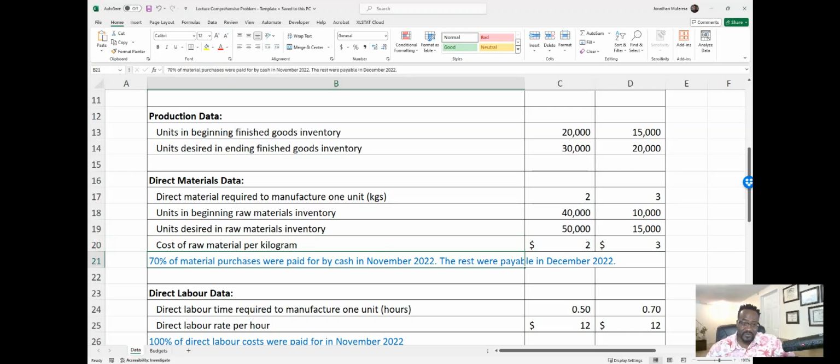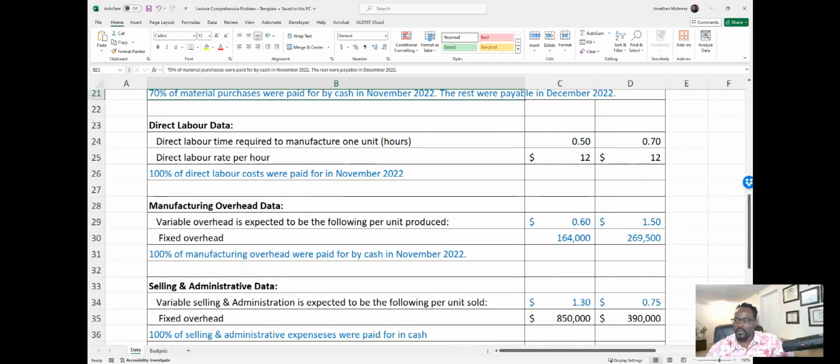70% will be paid in the month of November, and the rest, the 30%, will be paid in the month of December. We also have information on direct labor, how much time is required to manufacture each of the products per unit.